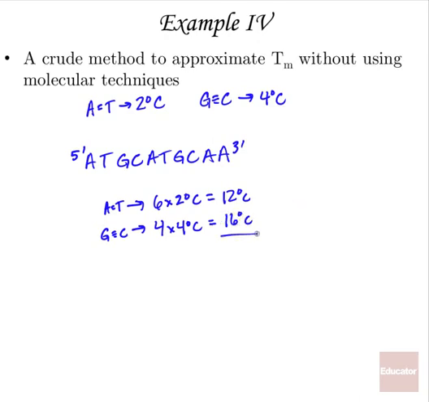Add those together, that gives us a melting temperature of this sequence of 28 degrees Celsius. Okay, and as you'll be able to see, regions with higher GC content will have higher melting temperatures, and regions with higher AT content will have lower melting temperatures comparatively.